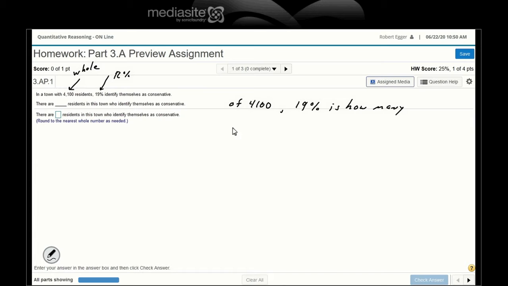So let's do my method. 19% over 100% is what I'm looking for. So what I'm looking for is a 19% as the whole population is to 100%.